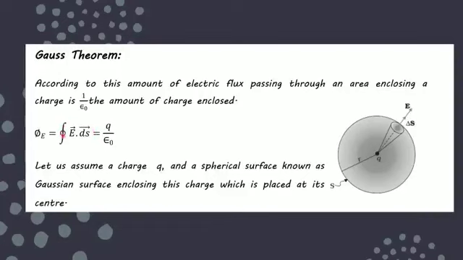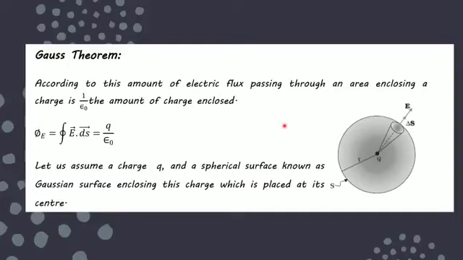This surface integral of E dot ds is equal to 1 upon epsilon naught times the charge enclosed, and here we have taken small q as the charge enclosed, so flux can be written as q upon epsilon naught. This spherical surface which is drawn here is a hypothetical surface. Just for doing the work more comfortably, he has assumed these surfaces, and you can find the flux by using this Gauss theorem for any given charge.